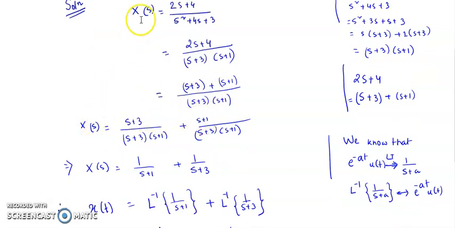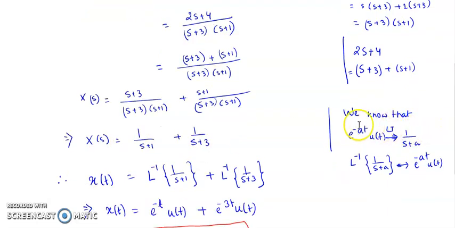So we have written X(s) like this, (s + 3) over this and (s + 1) over this, as a sum of two partial fractions. Here s + 3 and s + 3 cancel out, and s + 1 and s + 1 cancel out. So we get X(s) equal to 1/(s + 1) + 1/(s + 3).